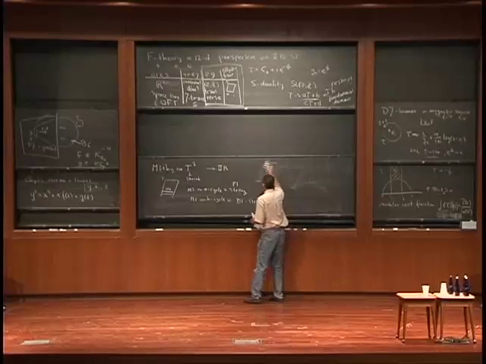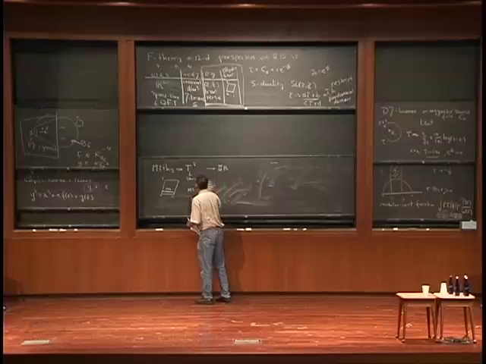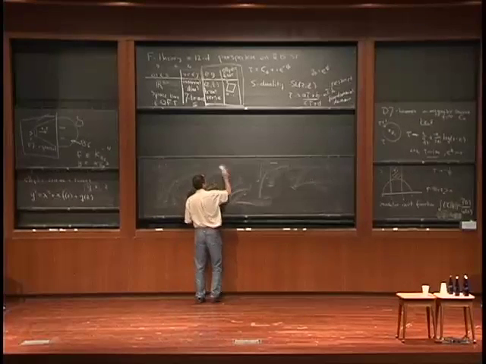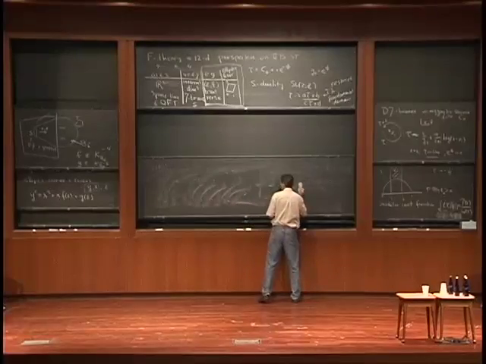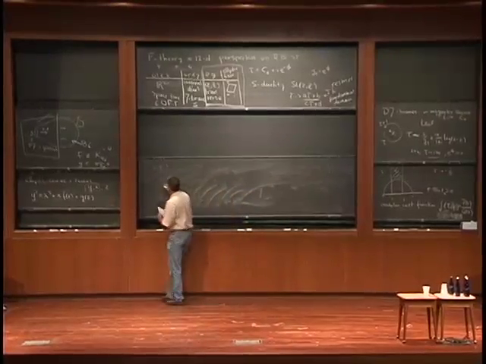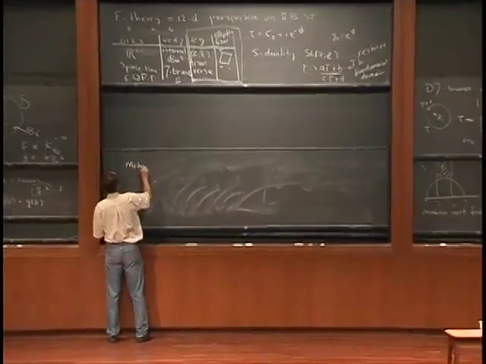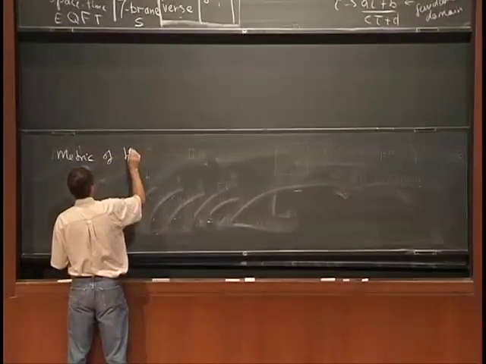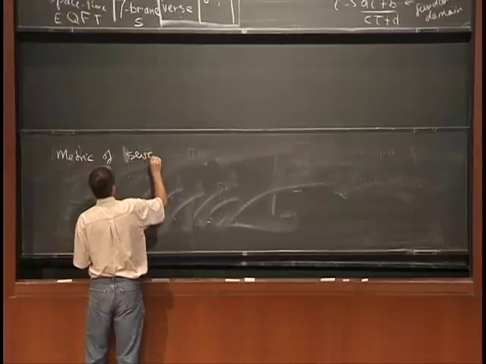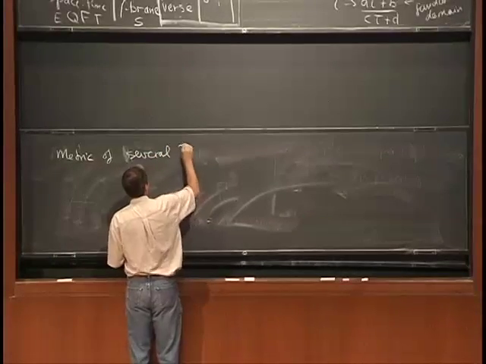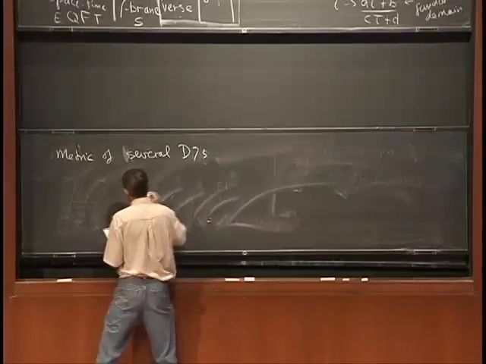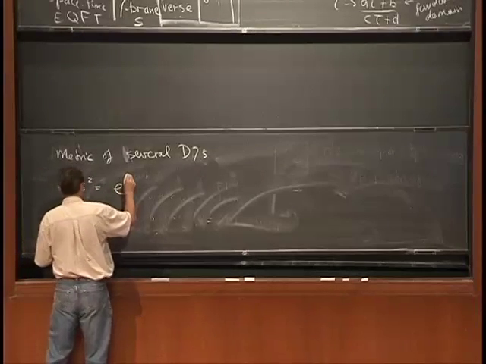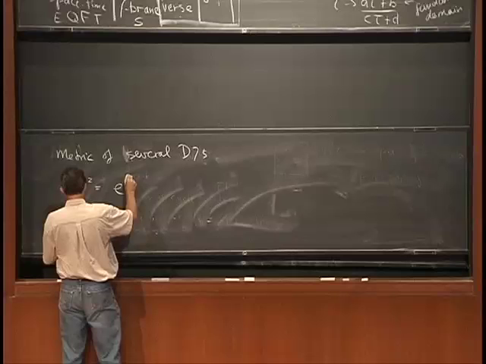In principle, if you look at these equations, it doesn't seem that there's a limit, but let me briefly again mention the metric of a bunch of D7s, because it's actually rather easy to give now. I think, is there a 2 or not? Okay.